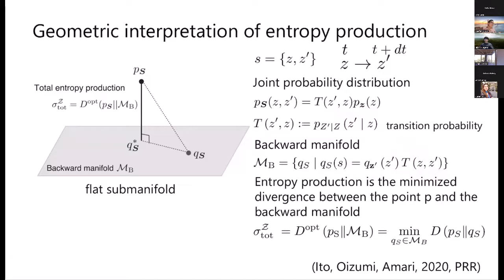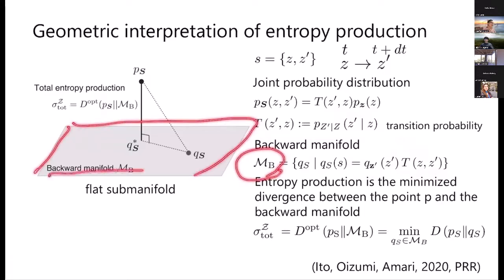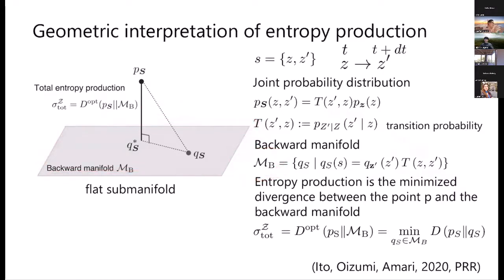So this is, again, a sub-manifold in the entire space, and we can easily show this is a flat submanifold. So you can apply the projection theorem again, and the orthogonal projection is uniquely determined.